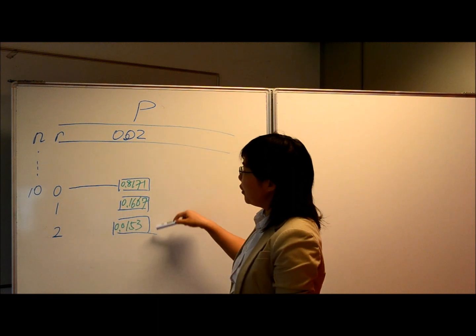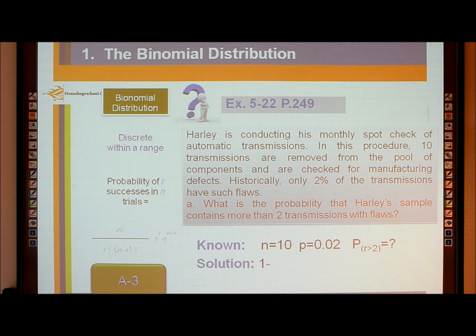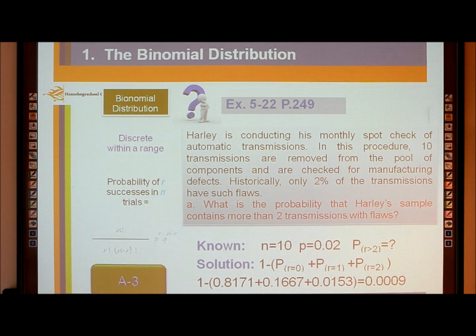So from the table, you can get these 3 numbers. If r is 0, the probability is 0.8171. If r is 1, the probability is 0.1667. And when it is 2, the probability is 0.0153.